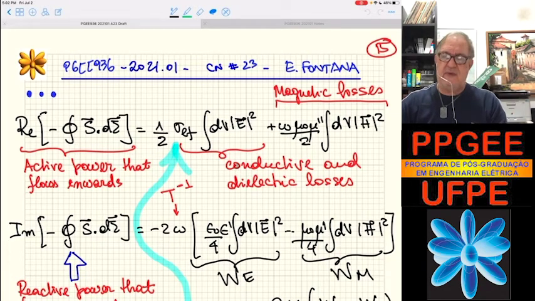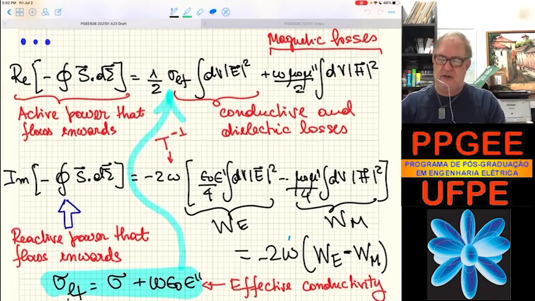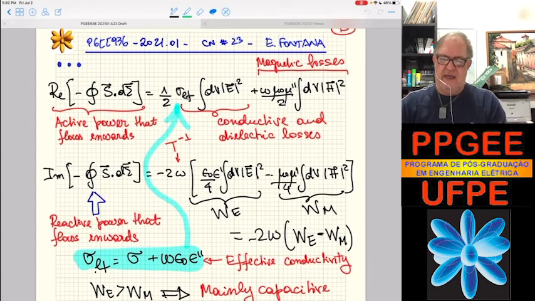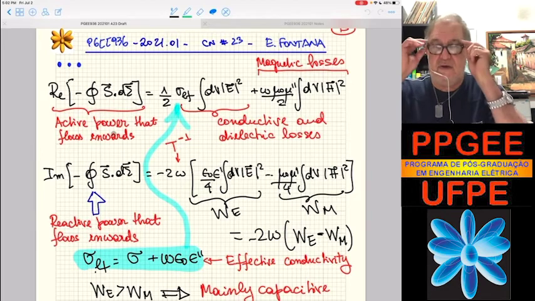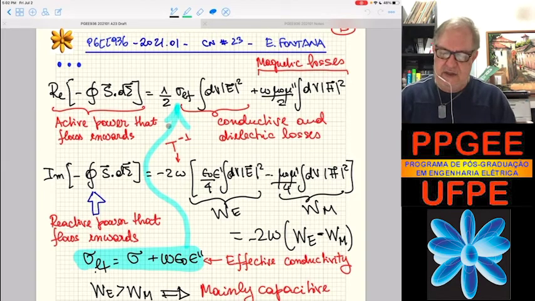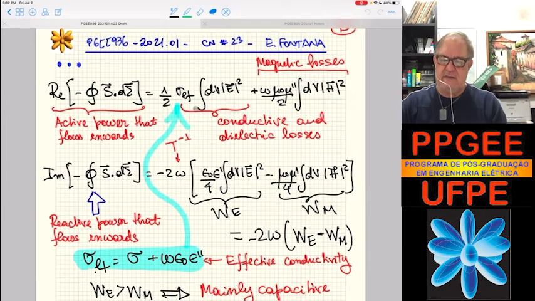So when we do the calculation, I'm not going to do that algebra, it's very simple to do. You can show that the active power, so the real part, means the active power that flows inwards the volume, is going to be given by this term here, which has an effective conductivity, I'm going to talk about that soon, plus a term that has the imaginary permittivity.